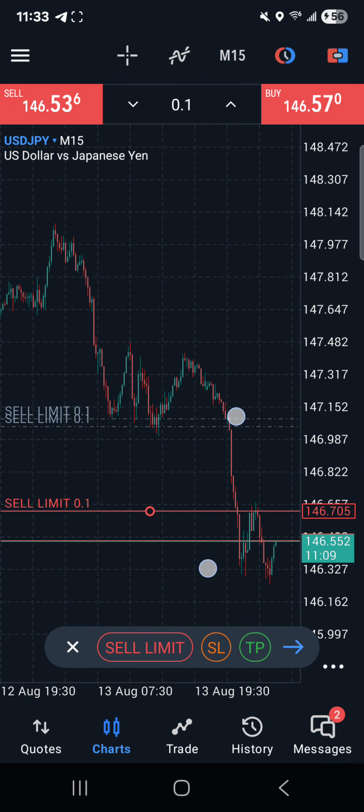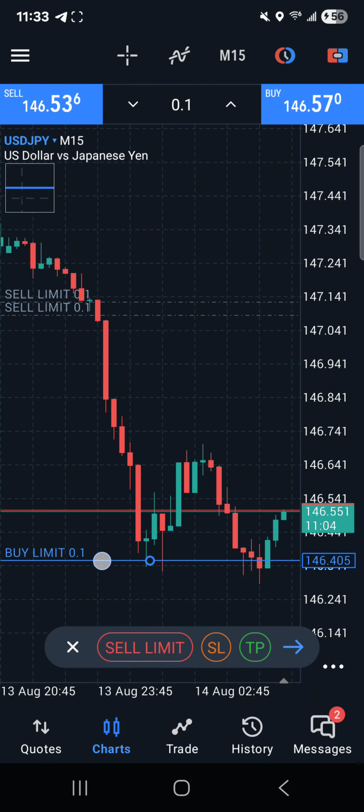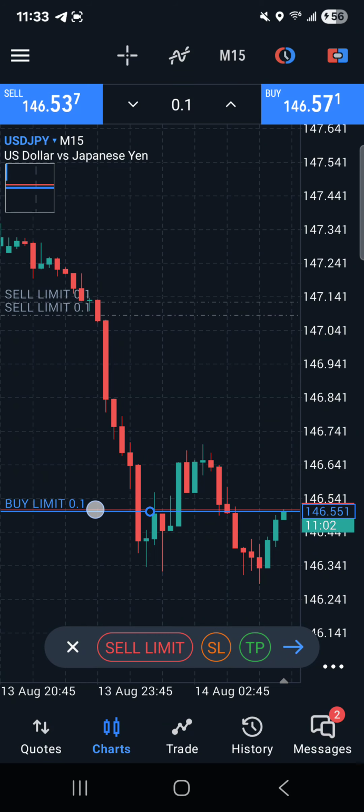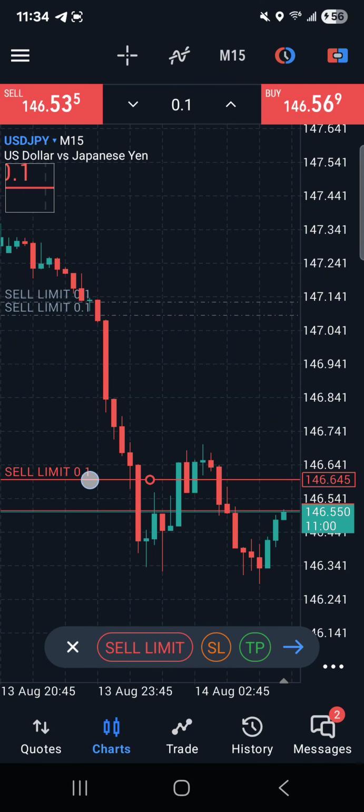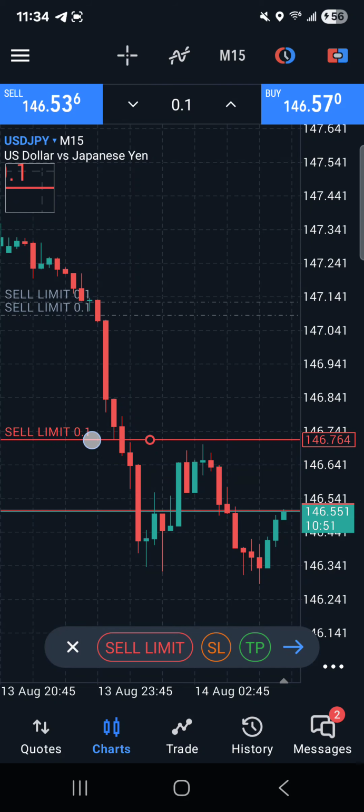On 15 minutes, we are still bearish, but we have 3 15-minute candles forming in a row. It's a sign that if this current 15 minutes candle closes, there could be a higher likelihood for price to trade up more.